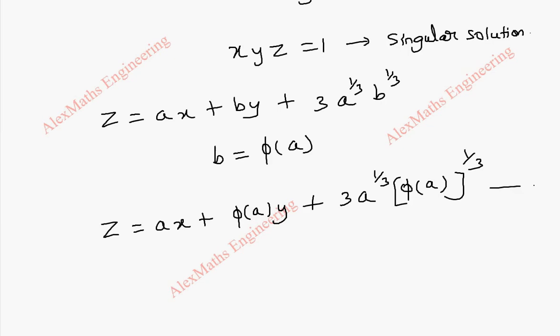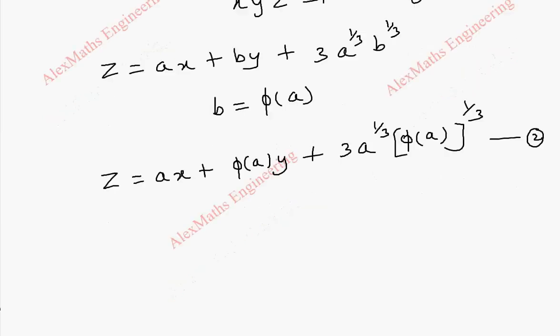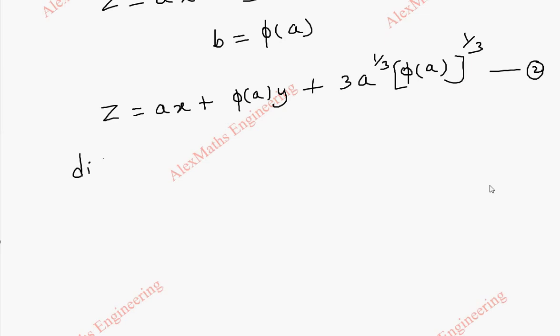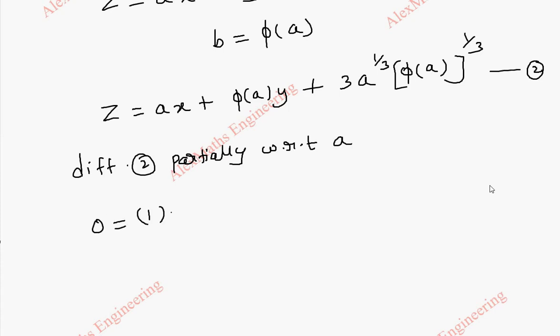Now let's take this as our second equation, and we are going to differentiate second equation partially with respect to a. So this is 0, a will be 1 and x is a constant as it is. Phi of a will become phi dash of a and y is a constant as it is. Here we have power 1 by 3 for a and phi of a.